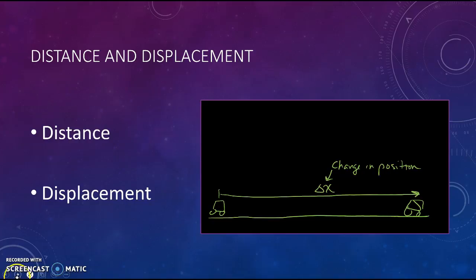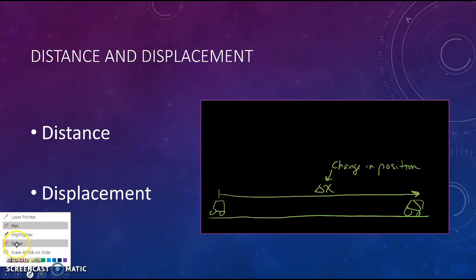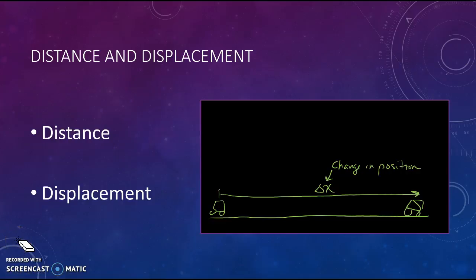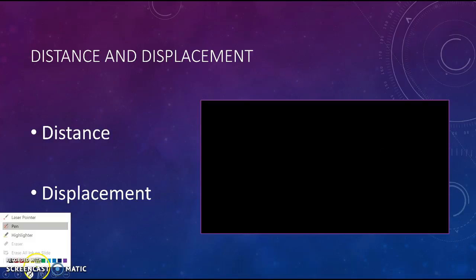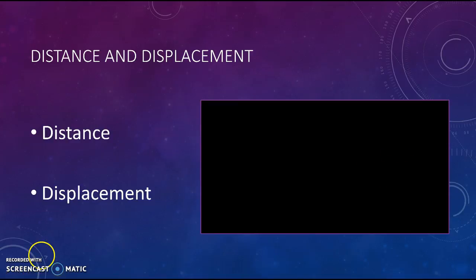Now, if we look at another case, this one is nice and everything's in a straight line, so the delta x is very obvious. But maybe in another situation, instead of straight lines, I start off at some city right there.